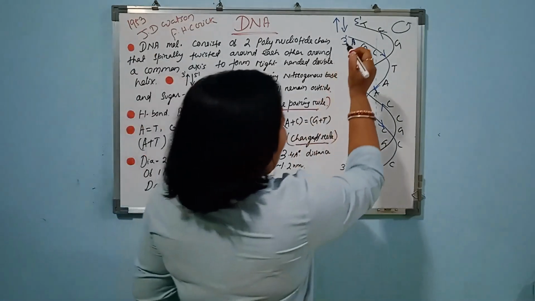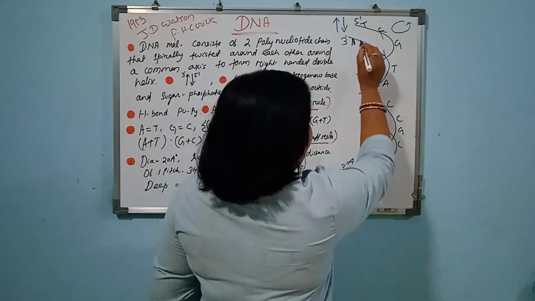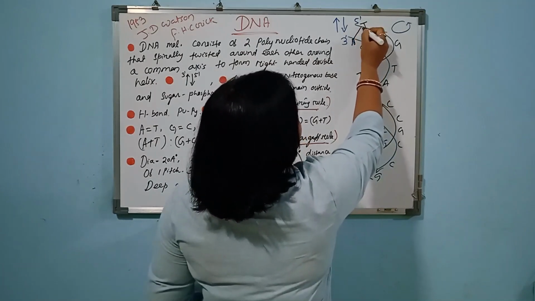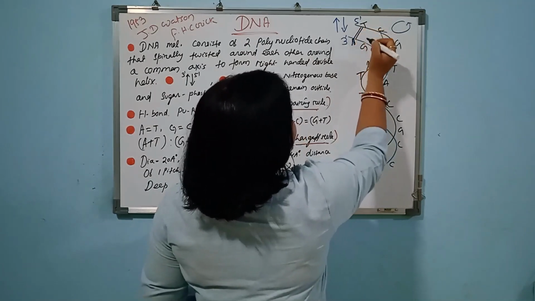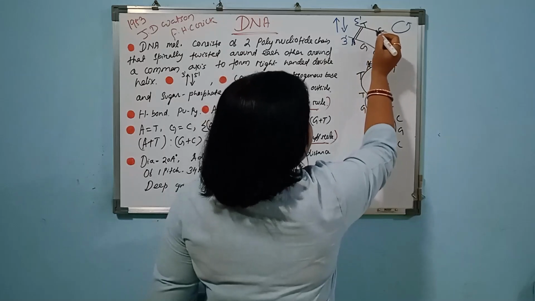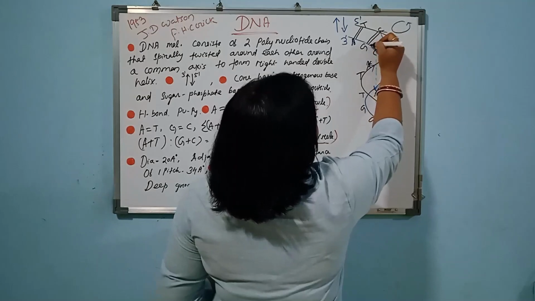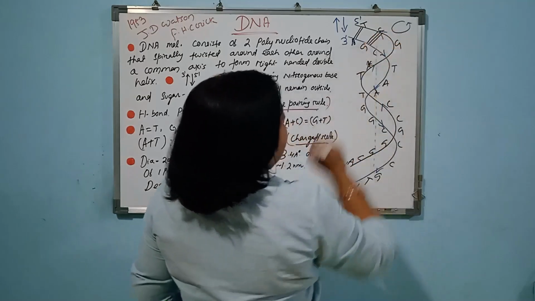And adenine will bind with thymine by 2 hydrogen bonds. These bonds are hydrogen bonds. In a similar way, guanine will bind with cytosine by 3 hydrogen bonds.